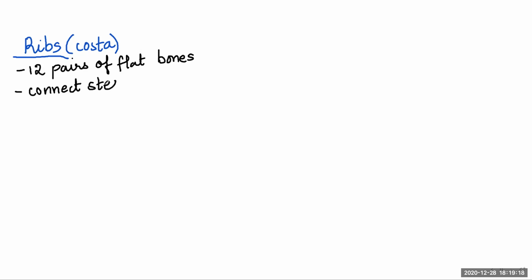They are 12 pairs of flat bones. What do these ribs do? These 12 pairs of flat bones connect the sternum to the vertebral column.